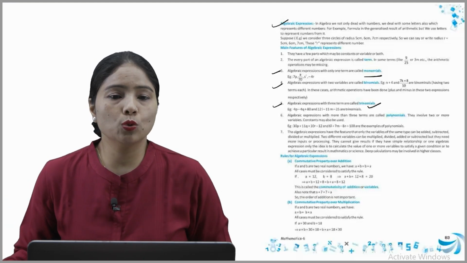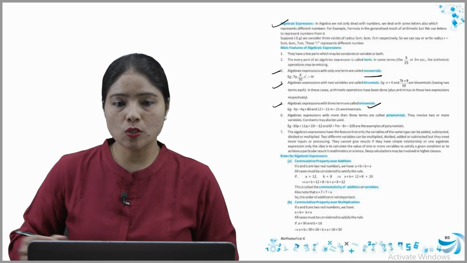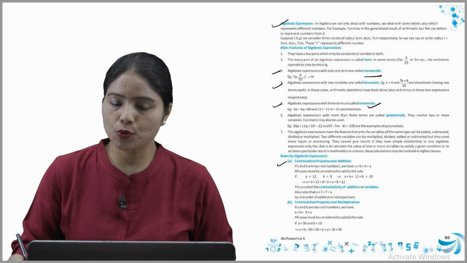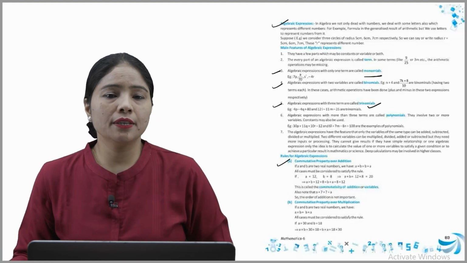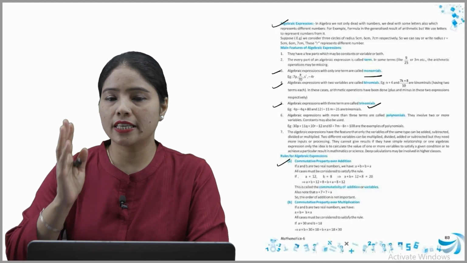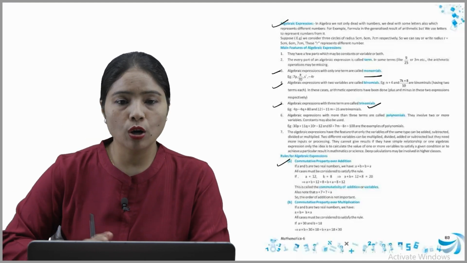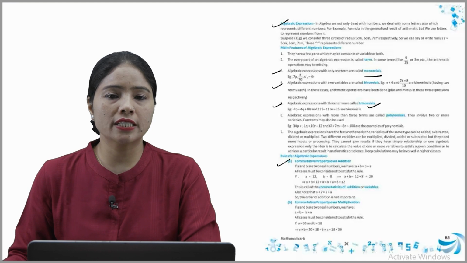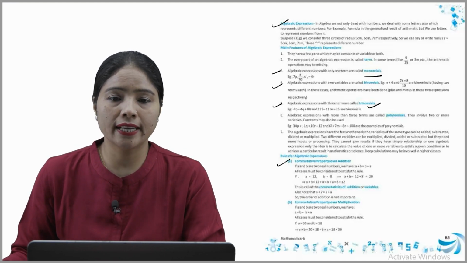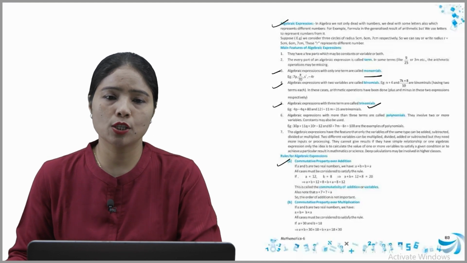So see the rules for algebraic expressions. First one is the commutative property over addition. In that, if a and b are two real numbers, then a plus b is equal to b plus a. All cases must be considered to satisfy the rule. That means a is 12, b is 8, so a plus b is 20.